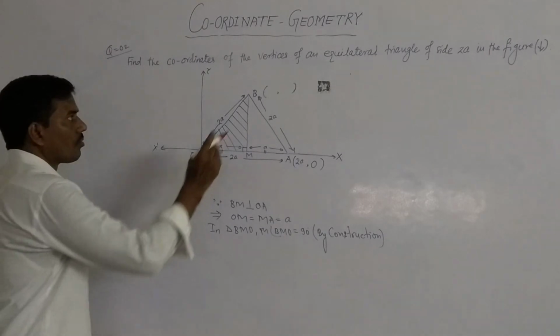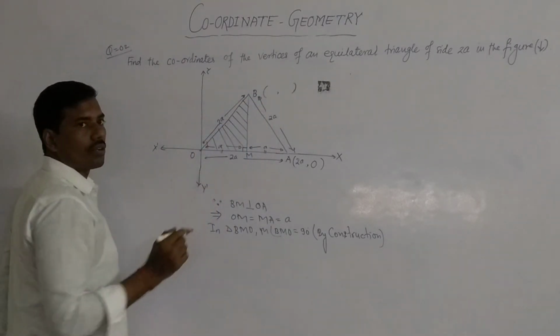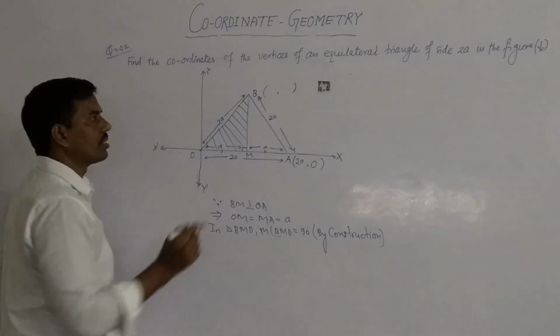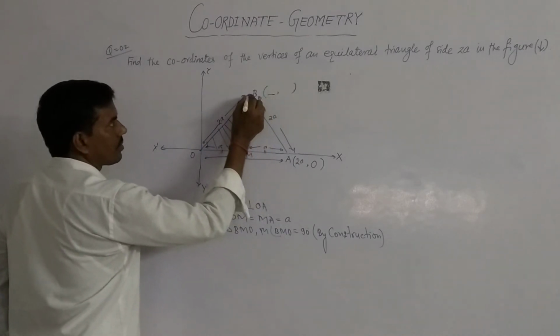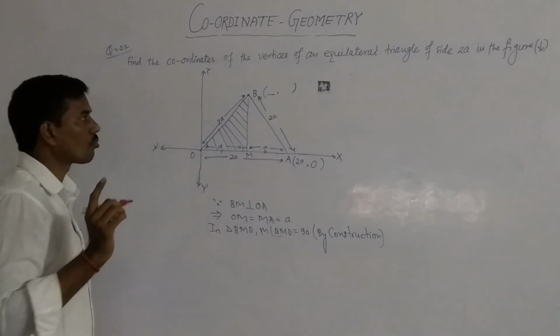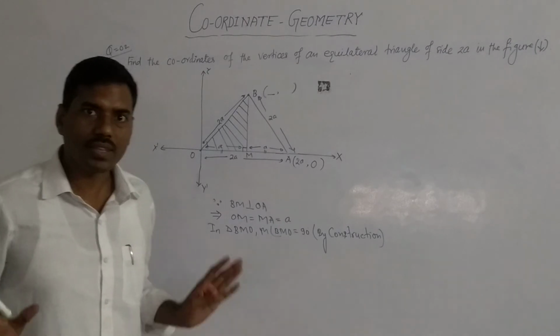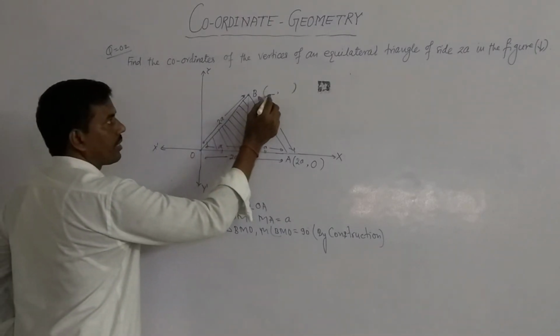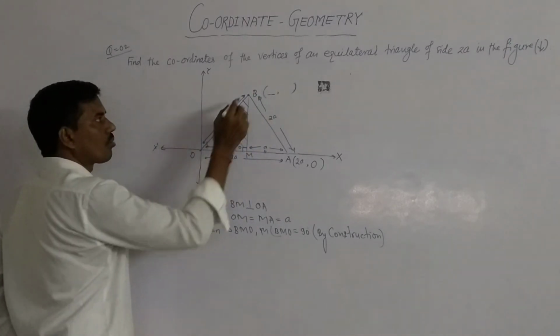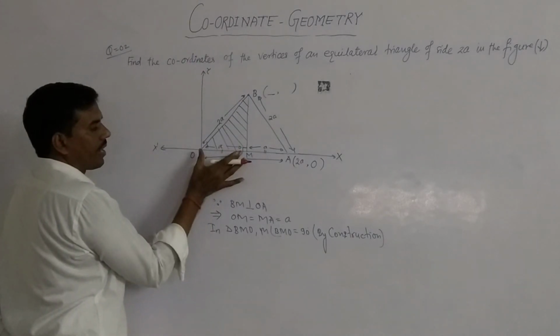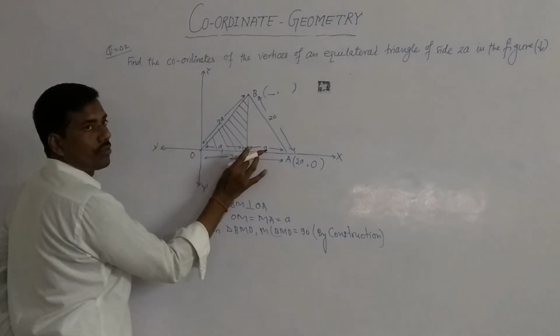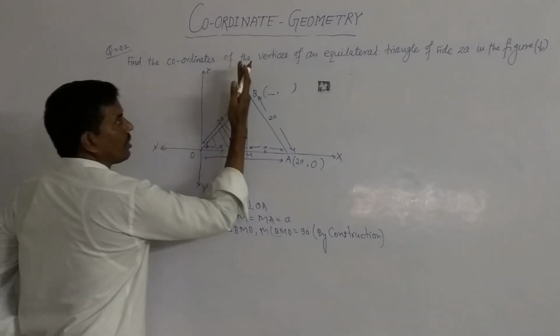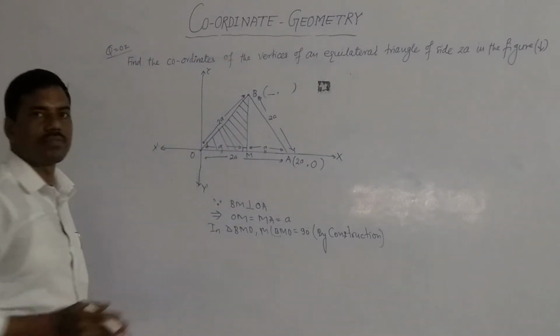We have to find the coordinates of B. The x coordinate of B is the distance of point B from the y-axis.